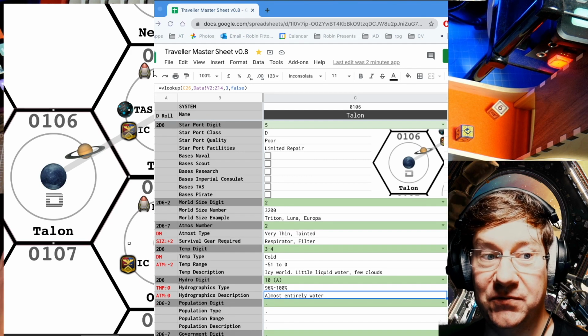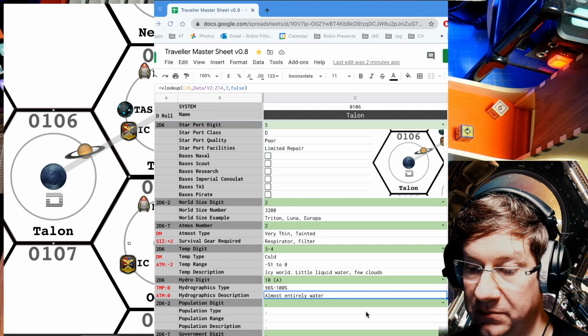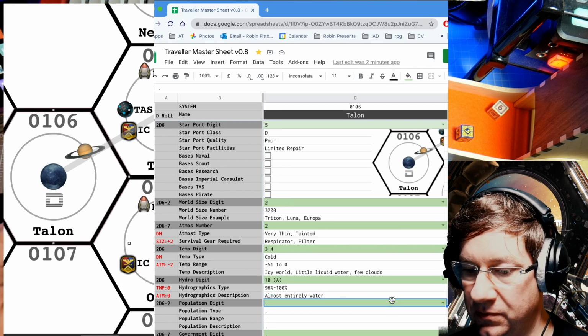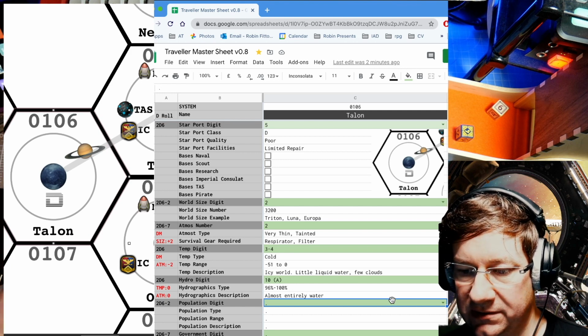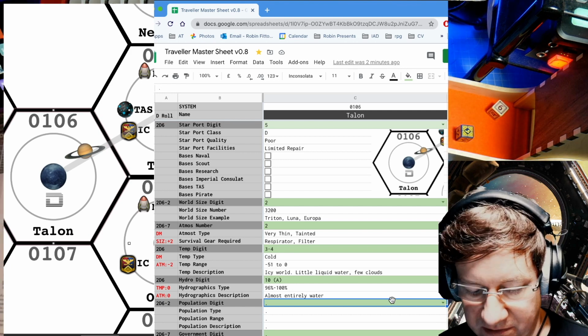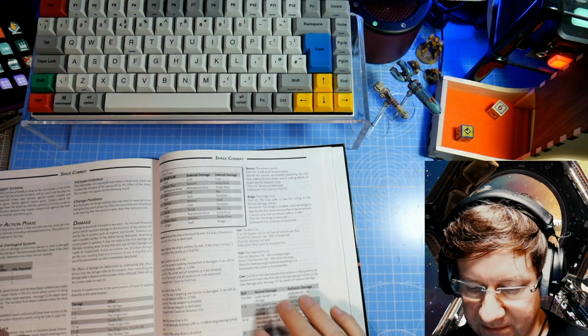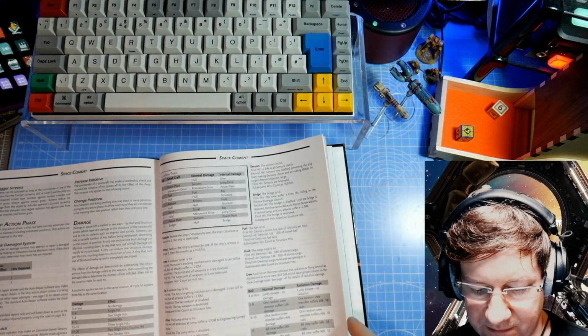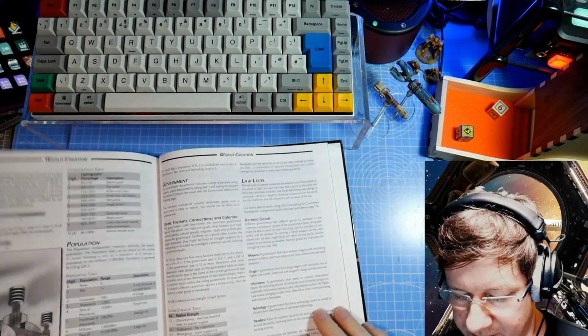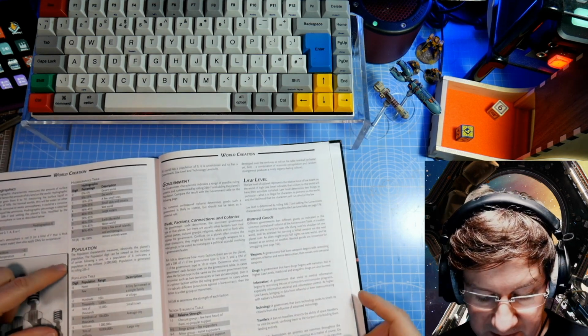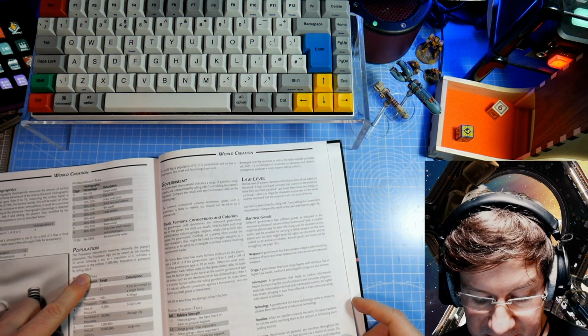So continuing down through the list, we've got population digit, and that's just a simple 2d6 -2. So I will just double check again on the population digit in the book by firing that up. Population is just a straight 2d6 -2.